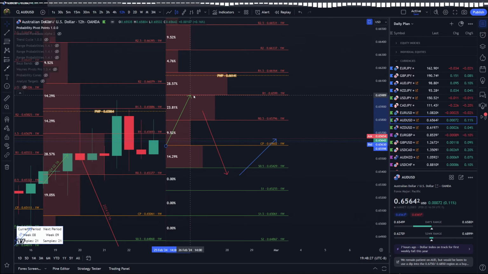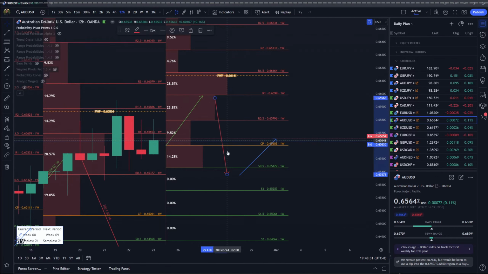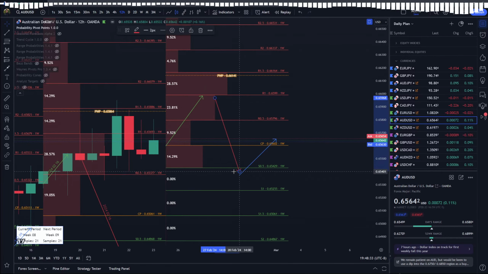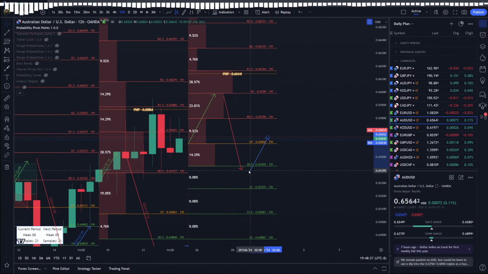So in this sense, I'll go ahead and set a slightly more bullish expectation, maybe a slightly less bearish expectation.